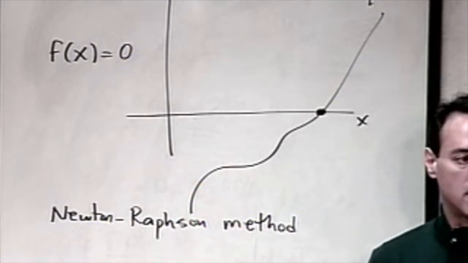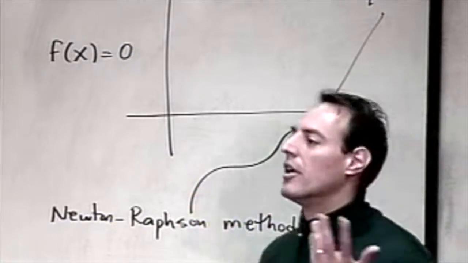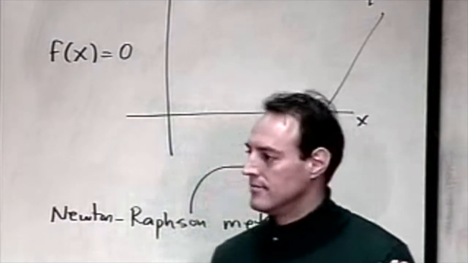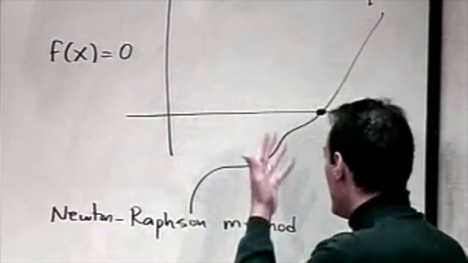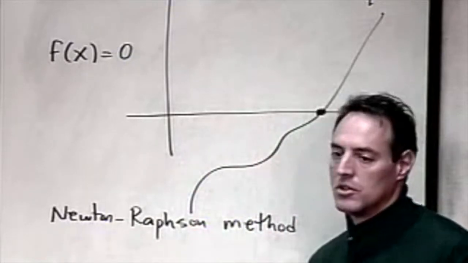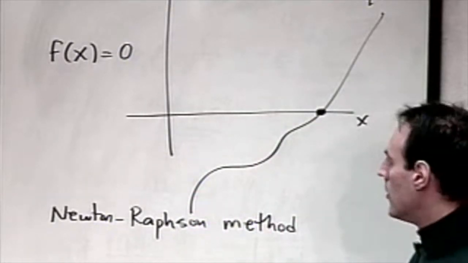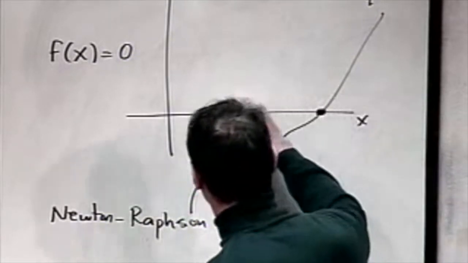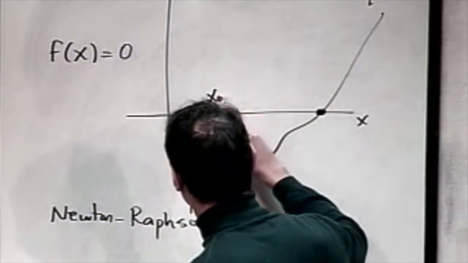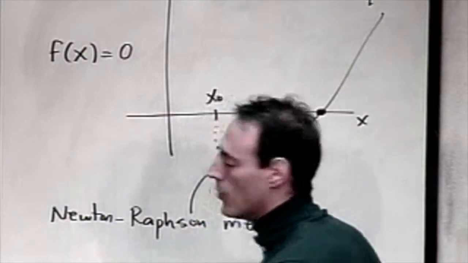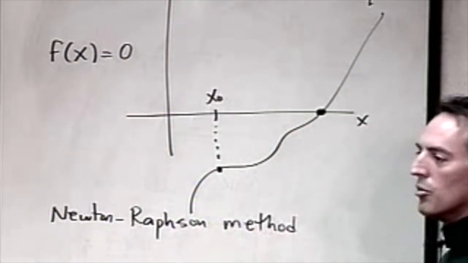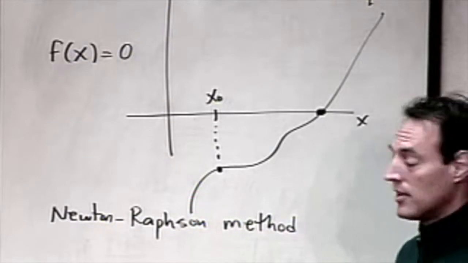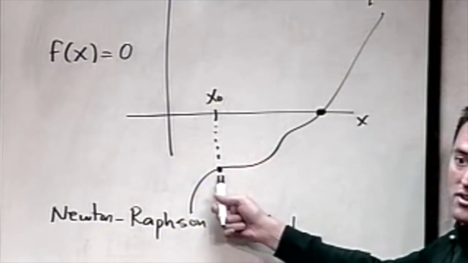What my computer does really well is iterate, and I want to find a constructive method that might get me to this solution. In one dimension like this, it's fairly easy. Take an initial guess, let me guess that it's right there. Then I can calculate the f value and say, that wasn't a good guess, I'm not near 0.